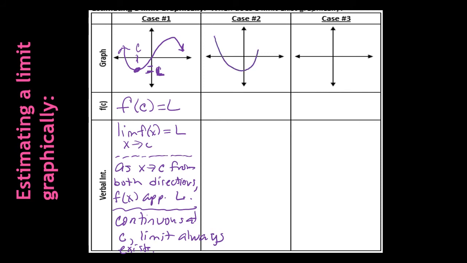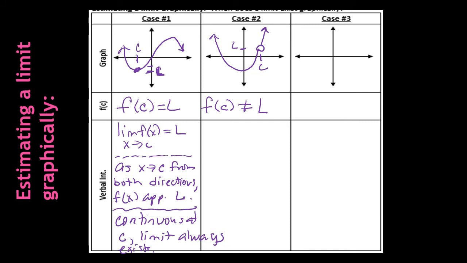Let's draw a parabola, but let's put a big old hole in our parabola, right here at C and right here at L. So this is a case where f of c does not equal L. We talked about removable discontinuities in class the other day.